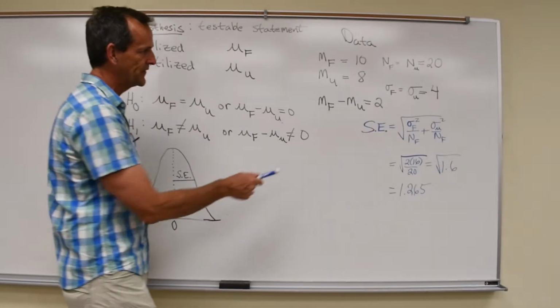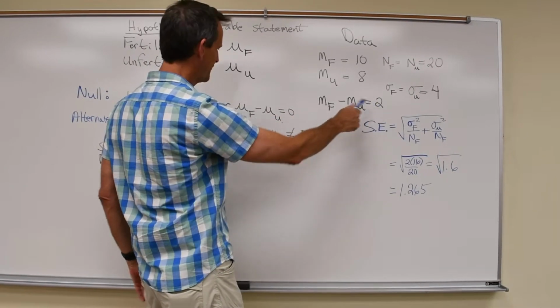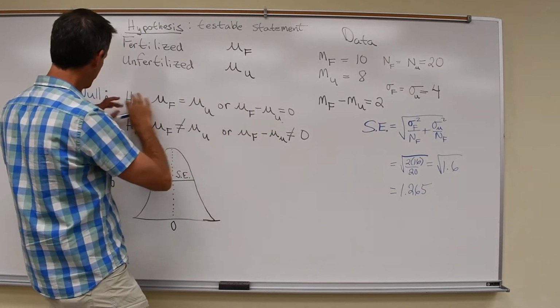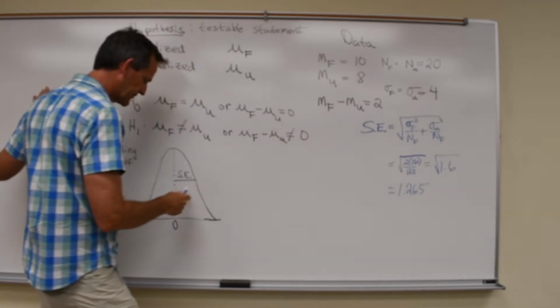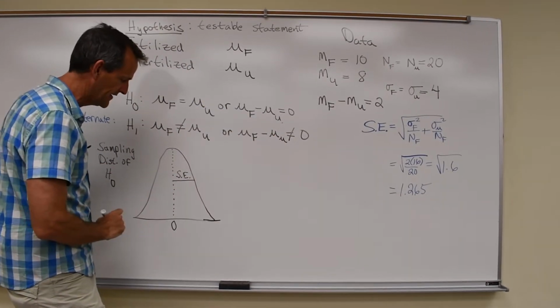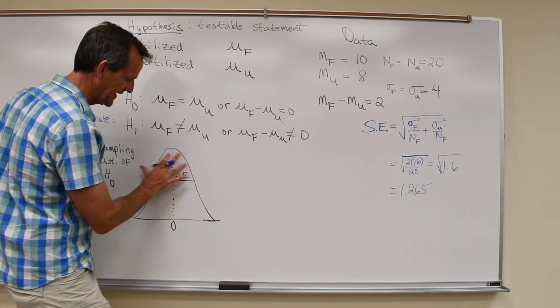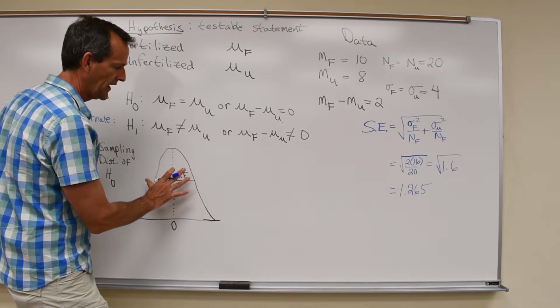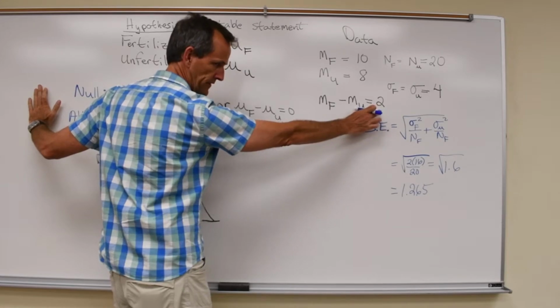So now we've got this value that we got, and if the null hypothesis is true, then this value should be somewhere in this distribution, right? Okay. You know how to do that. You know how to look at a normal distribution and ask, how likely is this score, don't you?